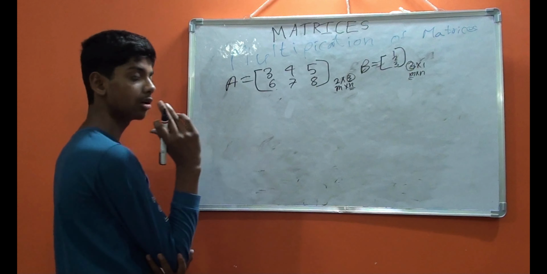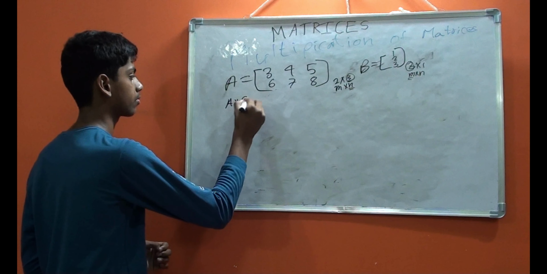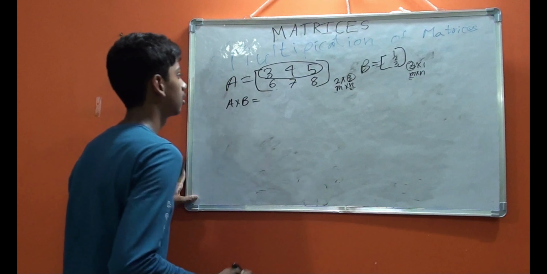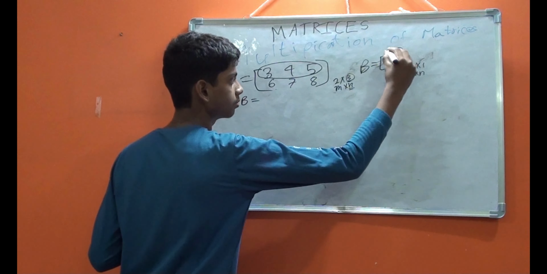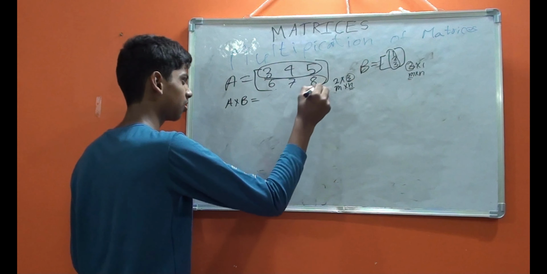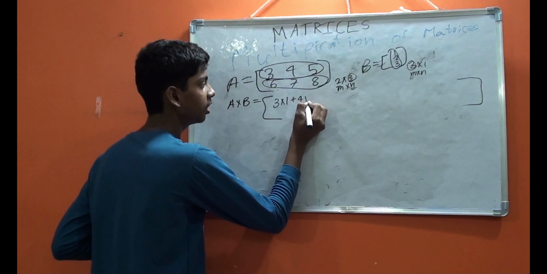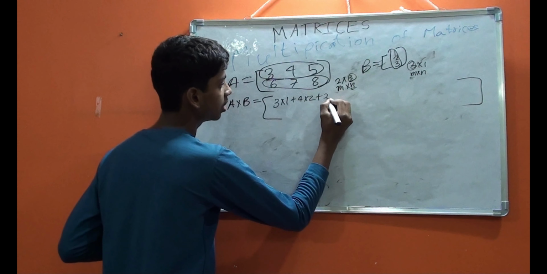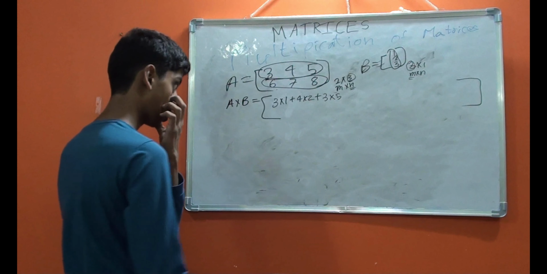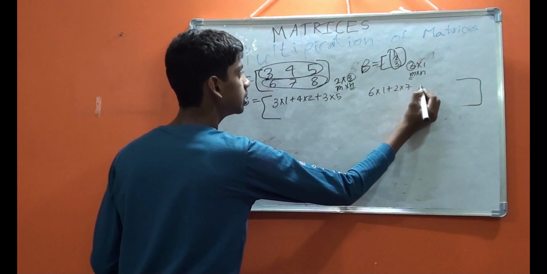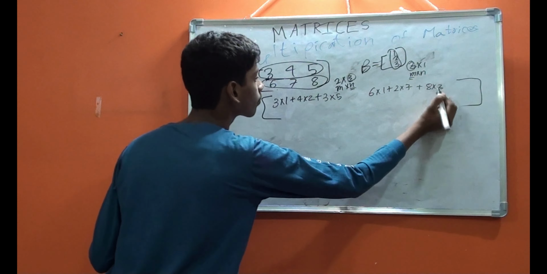So now let's take A into B equals, so the first row into the first column and the second row into the second column. So it becomes 3 into 1 plus 4 into 2 plus 3 into 5, and 6 into 1 plus 2 into 7 plus 8 into 3.